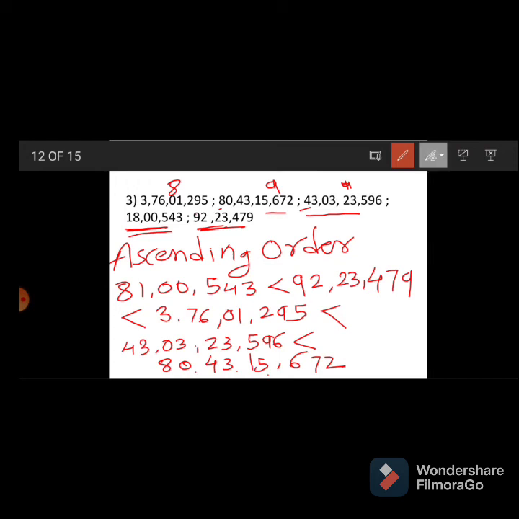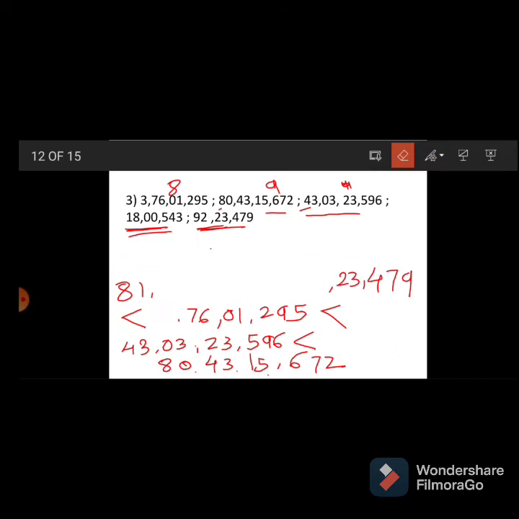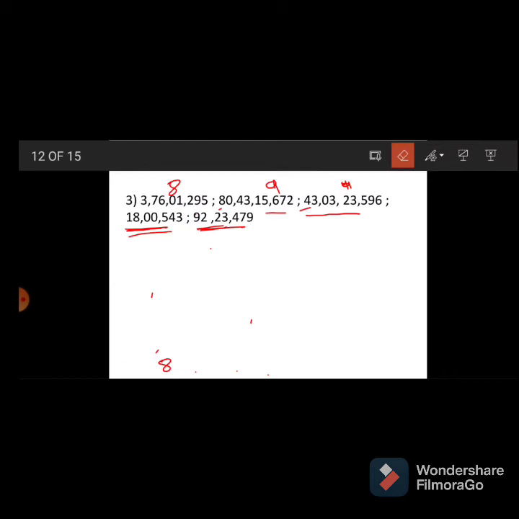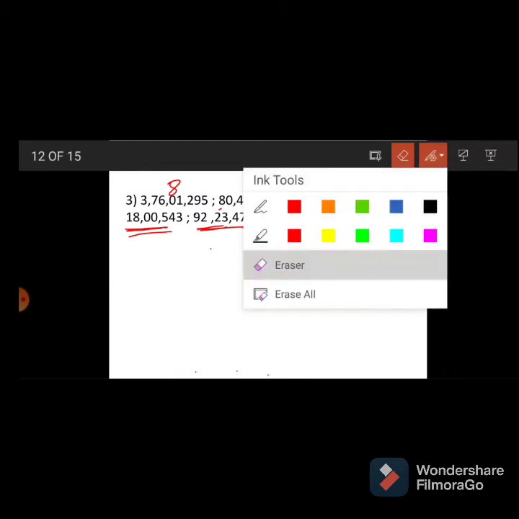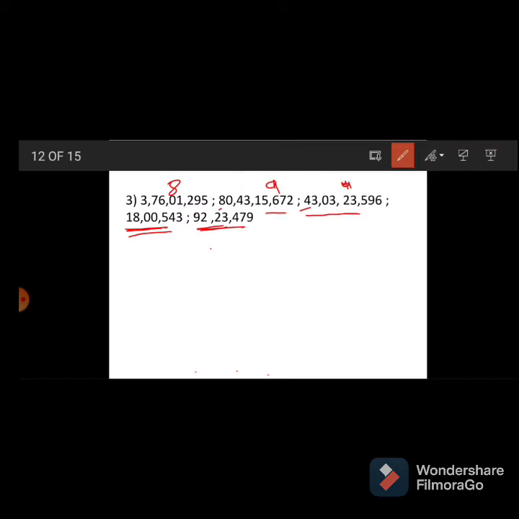In descending order, first what will come? In descending order, exact opposite, first greatest number, and then next smallest and smallest, means in descending order we have to move from greatest to smallest in descending order. See, in descending order, first which number will come? 9 digit greater number is 80 crore.